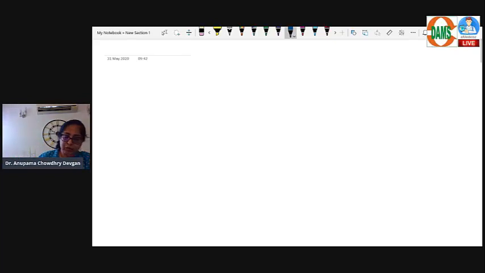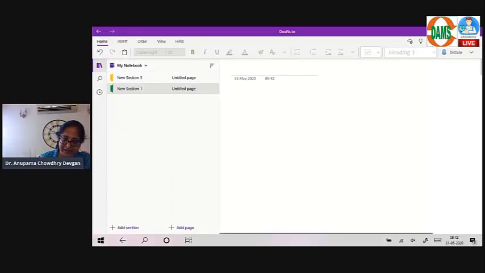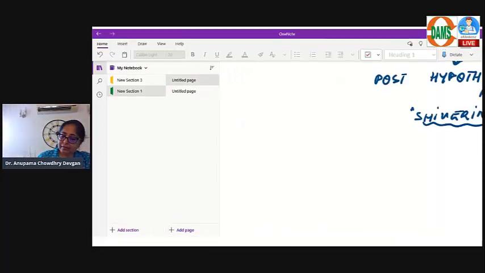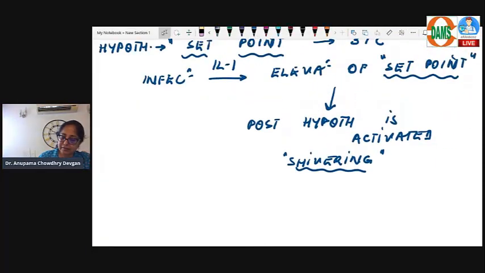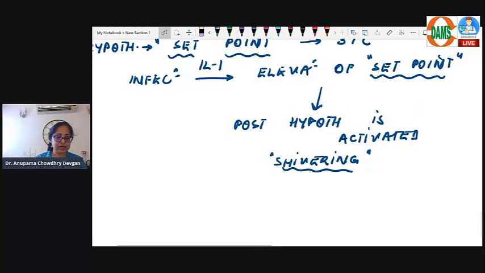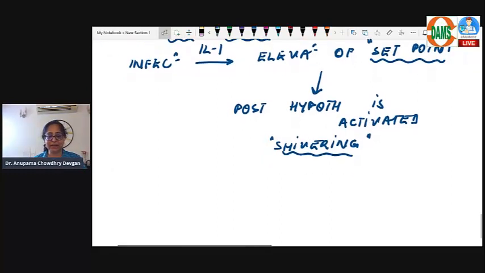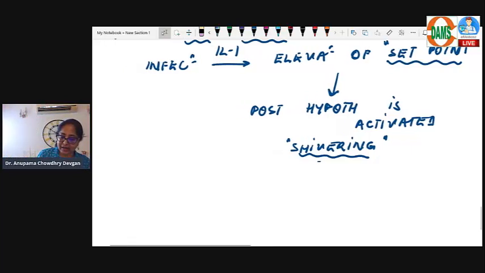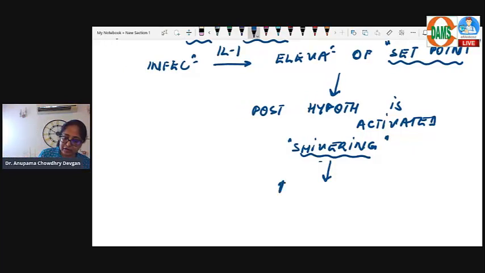Akshada Bala Subramaniam, let me just clarify this once again. Please remember, what happens in infections is elevation of the set point. Elevation of set point means the posterior hypothalamus is activated. So the body must gain heat to increase the temperature to 40.